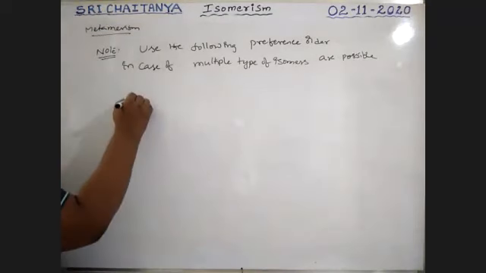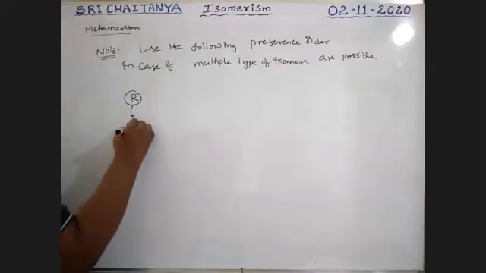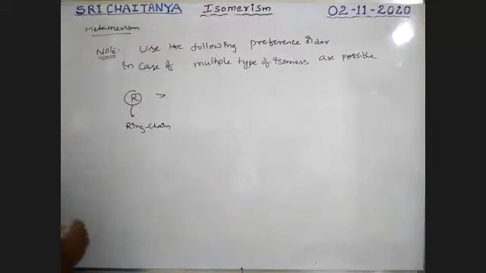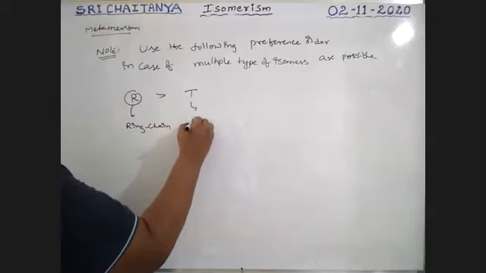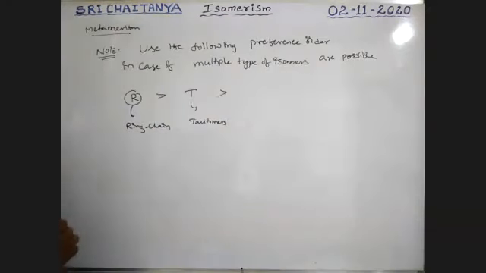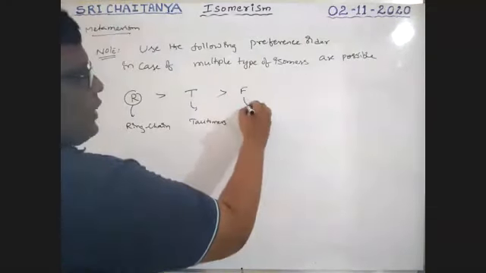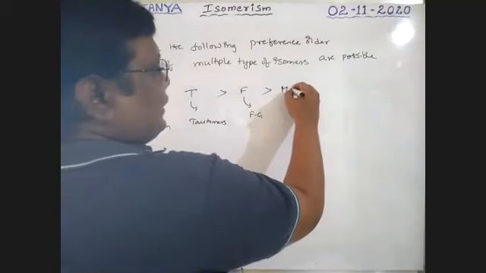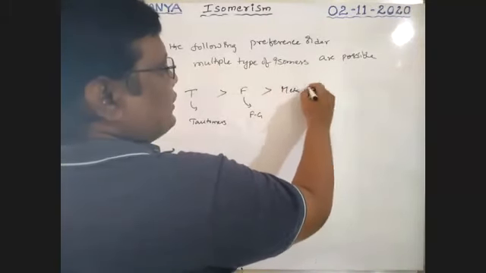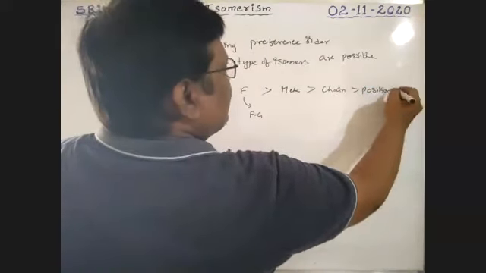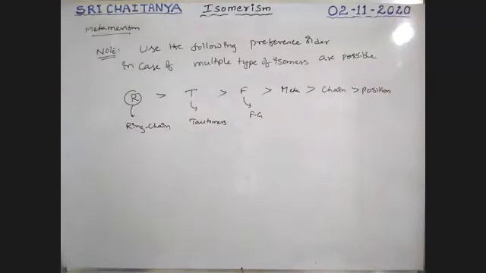See here: R, ring chain isomers, have the most priority, greater than T, tautomers, greater than F, functional group isomers, greater than metamers, greater than chain isomers, greater than positional isomers. This is the order of priority.